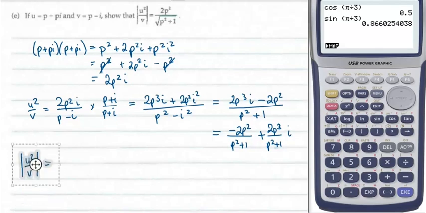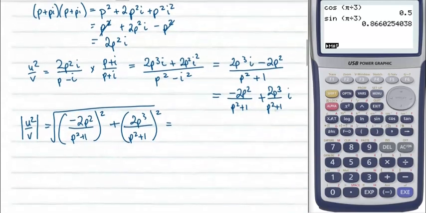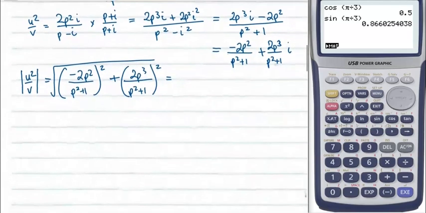Okay, so back to doing modulus, which is to take the real part, square it, the imaginary part, square it, and then do the square root. So we end up with the square root of, actually I'm going to just change my color because I'm running out of space, or maybe not.